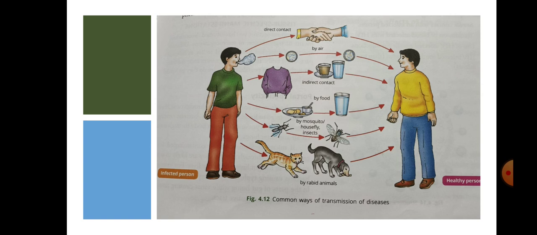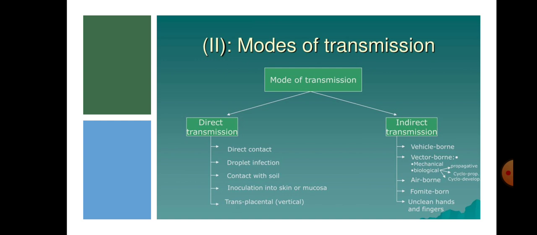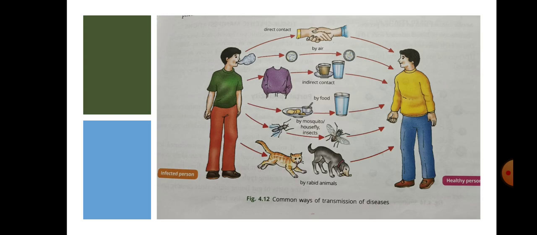Next we study indirect transmission: by vector, airborne, waterborne, object-borne, dirty hands and fingers. The pathogen of a certain disease reaches the human body through some intermediate agent. It can take place by various means, which are as follows. First, by vectors: housefly, mosquitoes and cockroach take up the pathogen from the reservoir of infection and pass it to a healthy person.